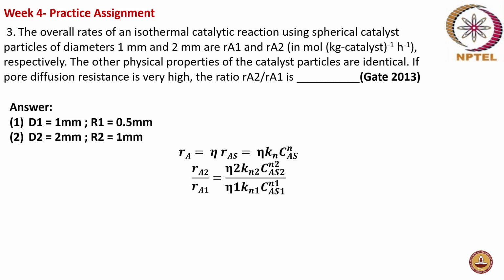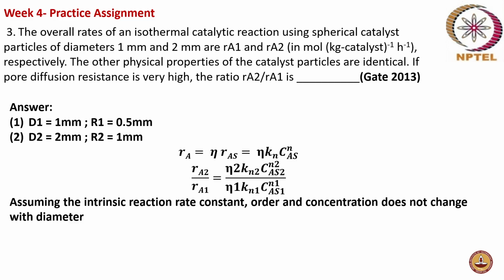Now we can write the ratio of Ra2 by Ra1 as eta 2 Kn2 CAS2 power n2 by eta 1 Kn1 CAS1 power n1. Now, assuming the intrinsic reaction rate constant, order and concentration do not change with the diameter, all these are constant.